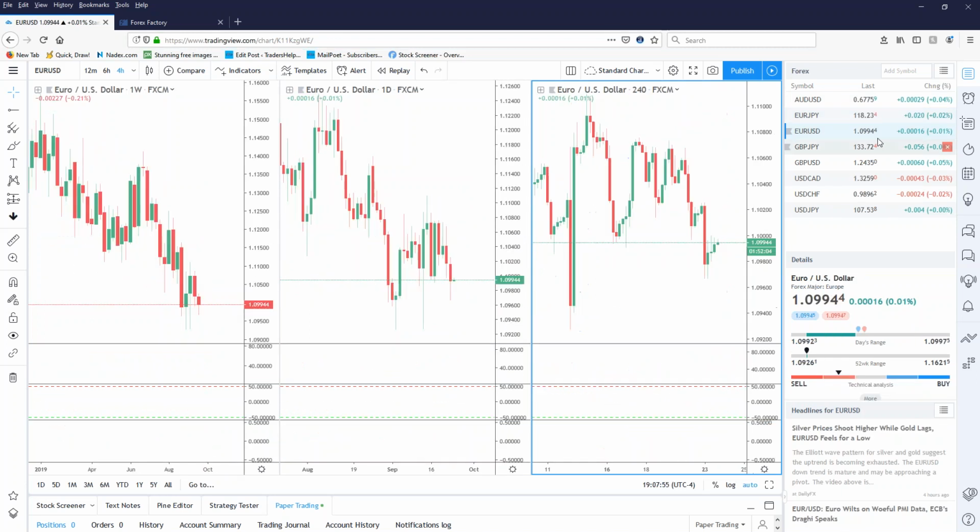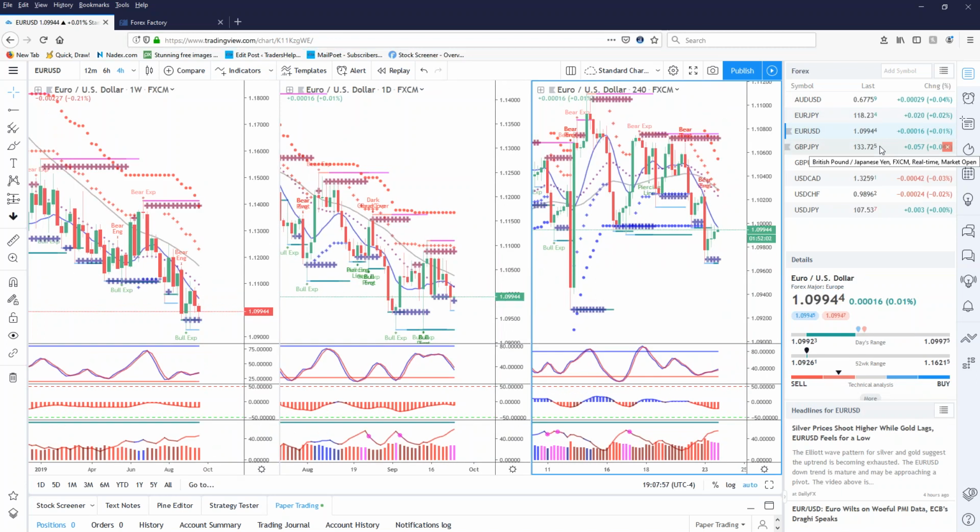Let's go look at the euro dollar. And on the euro dollar, we are coming back to test this support area. And that's what you're seeing on the weekly right now. It's just testing to see, hey, is there support for price to move up or not?